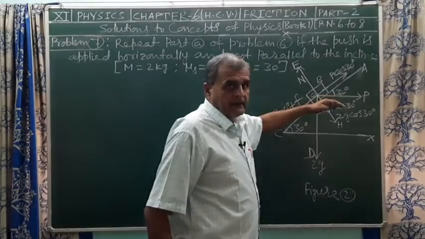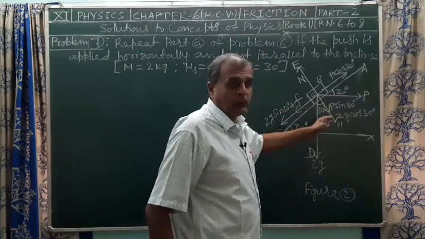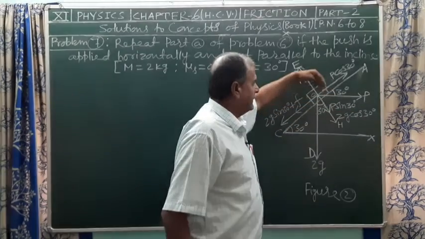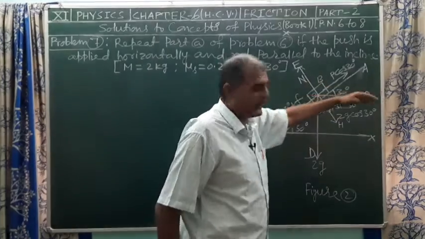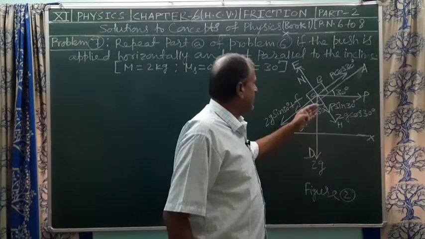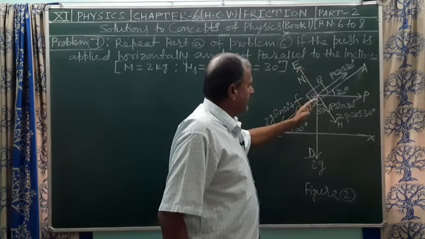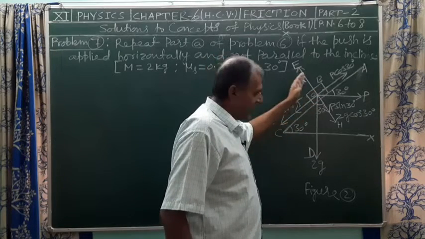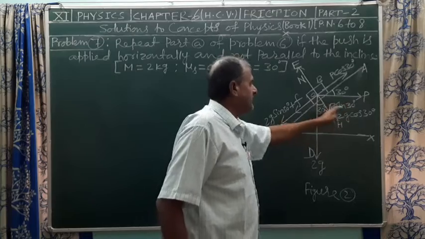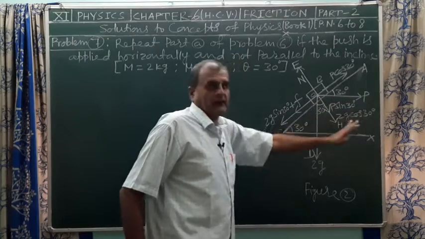Now in this case there is another additional force, P sin 30, which is the vertical component of the horizontal force applied on the body. So in this situation, the normal reaction N of the inclined plane AC will balance the sum of two forces, P sin 30 plus 2g cos 30.